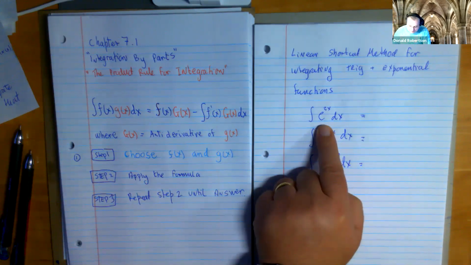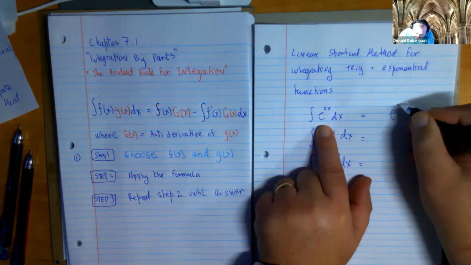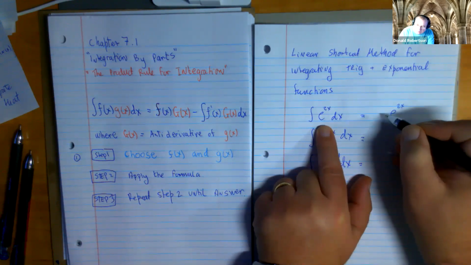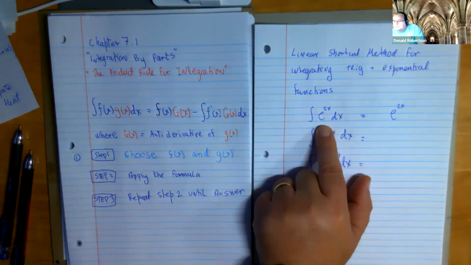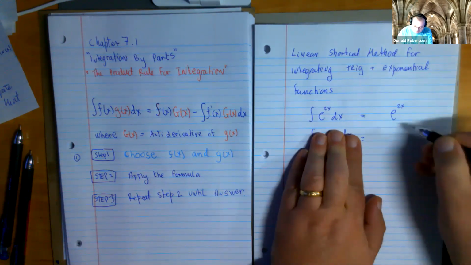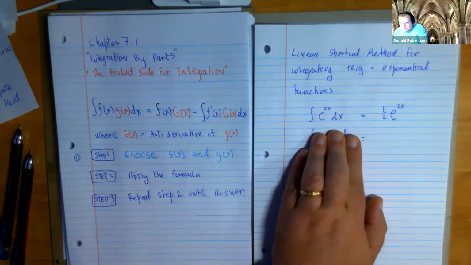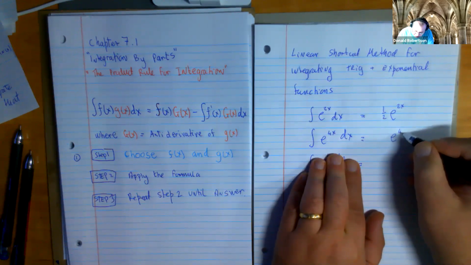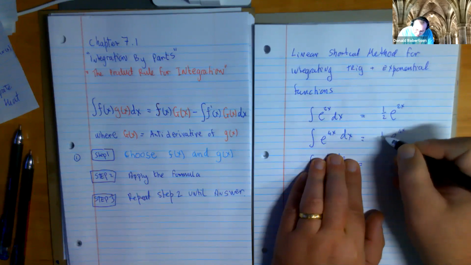The antiderivative of e to the 2x is e to the 2x. What fraction goes at the side? 1/2. Yes. e to the 4x will get you e to the 4x, with what fraction?